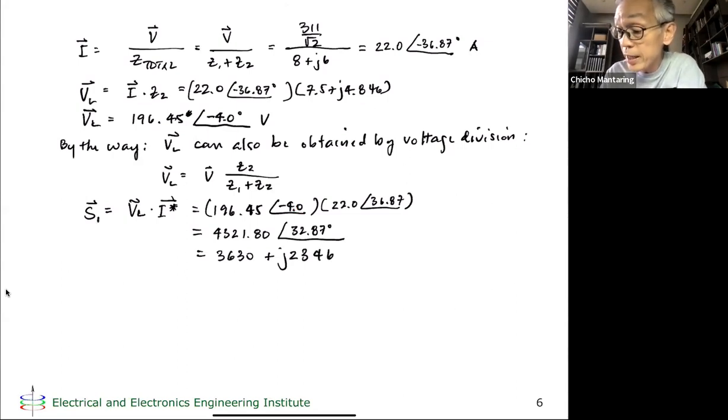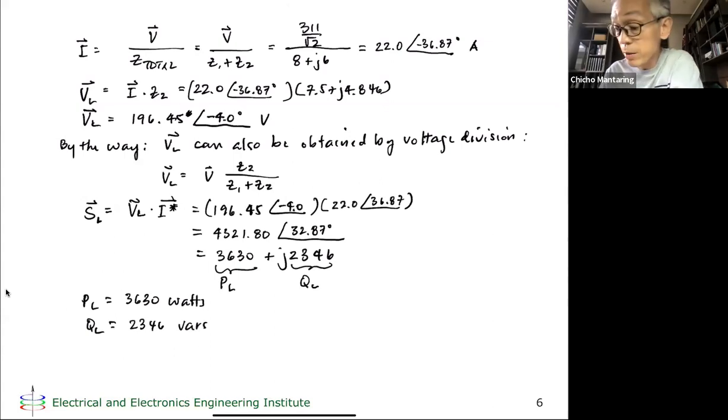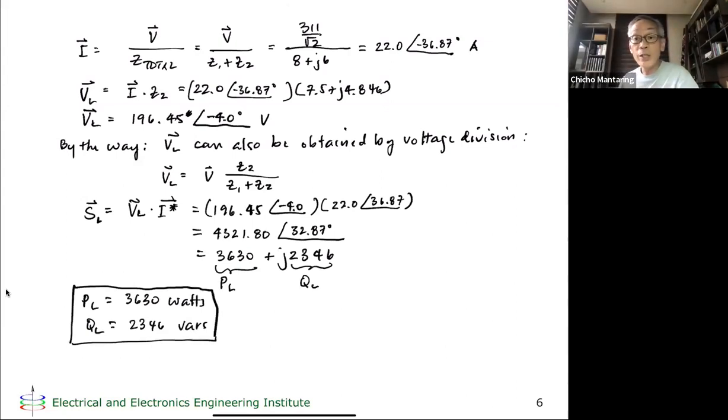This is SL, the complex power across my load. So once I get that, I know that this is my P of L, and I know that this is going to be my Q of L. So P of L will just be 3630 watts. The Q of L will just be 2346 vars. So this is my answer, using complex power. Any questions?